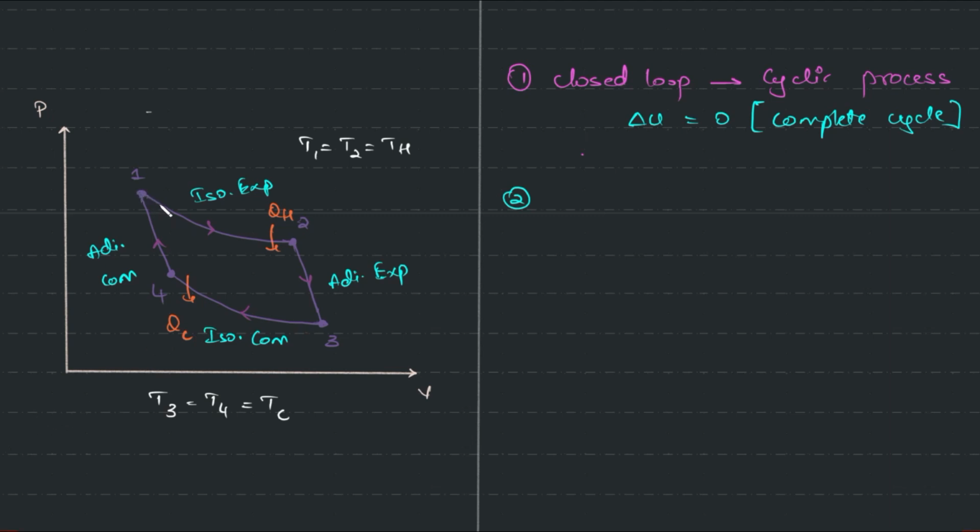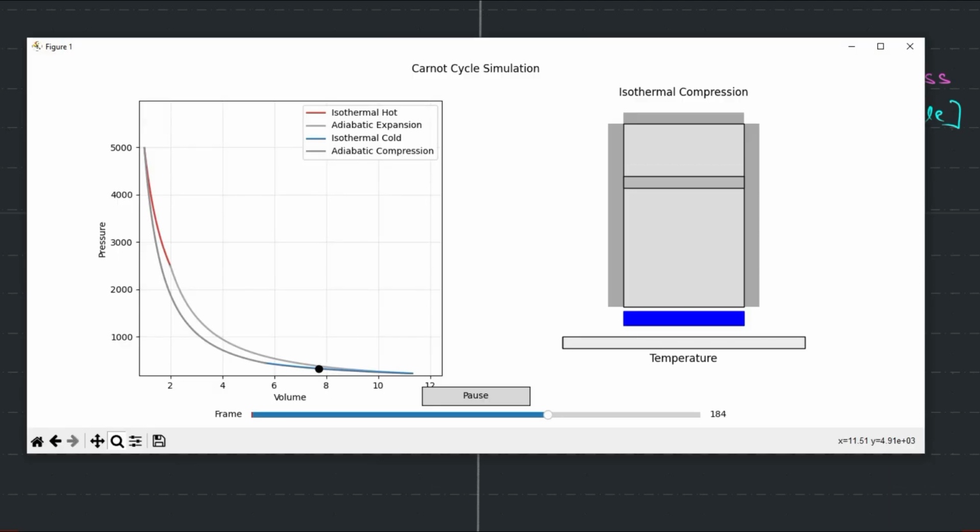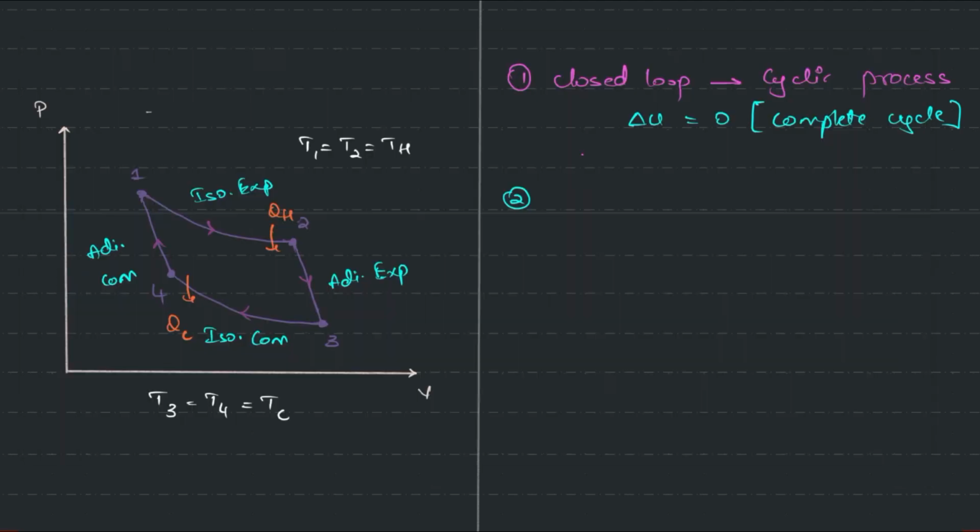So herein, the system is taking in energy. I'm just trying to talk about this. So this part, the energy is coming in. And this part, the energy is going out because there is a cooler region, right? There's a sink, a cold sink. So it will go out.